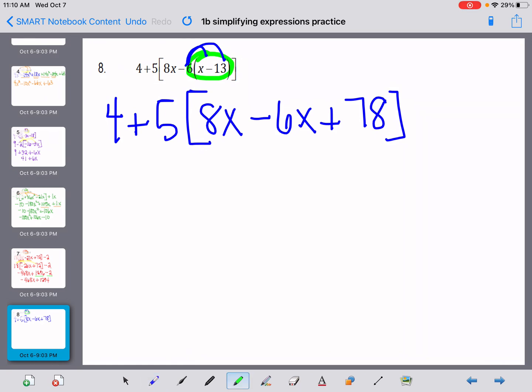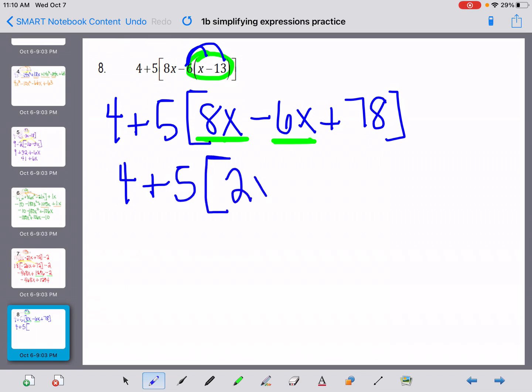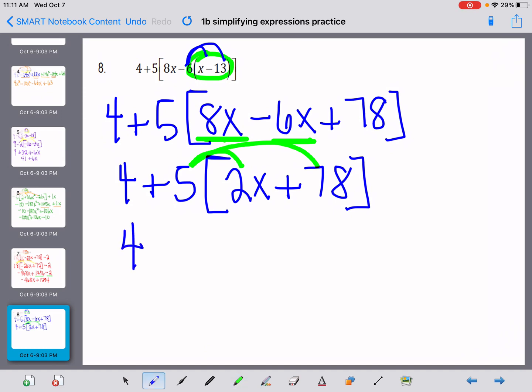So we take a look at this now, and what we see inside our parentheses is that those two terms are like terms. So we still have the 4 plus the 5. 8x minus 6x is 2x plus 78. And now we have to distribute again. And like I said before, I'm going to have to use my calculator on a little bit of it. I can do some. 4 plus 5 times 2x.